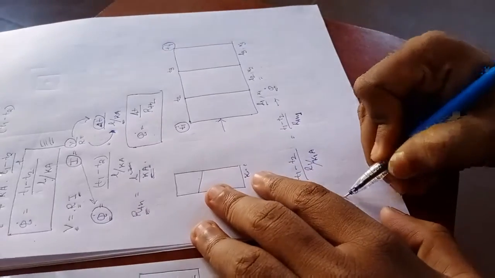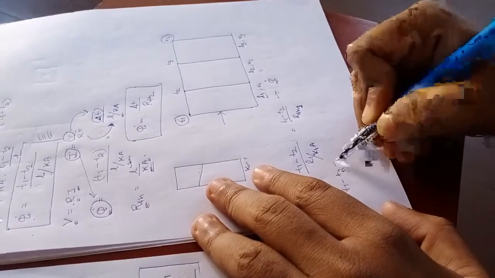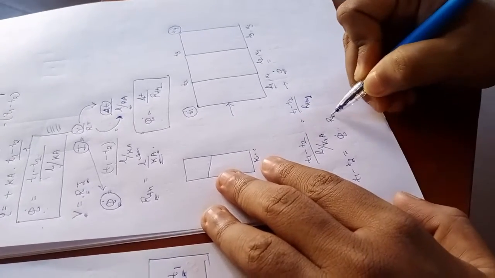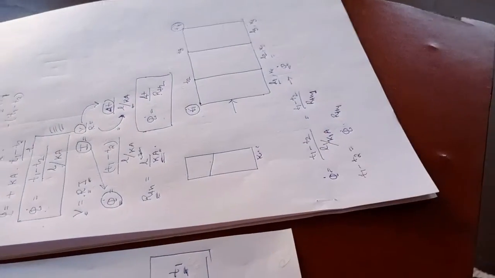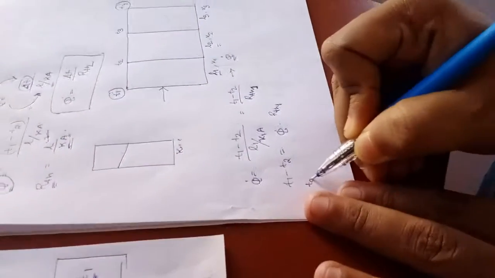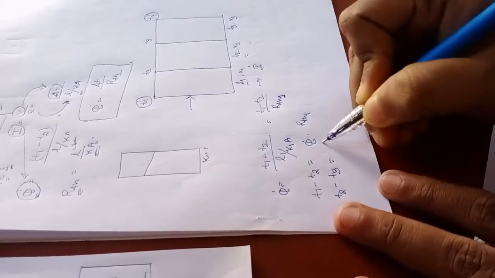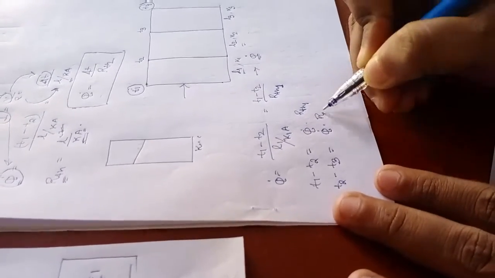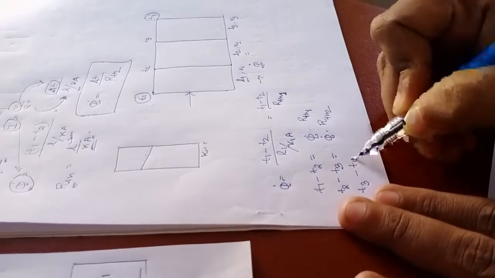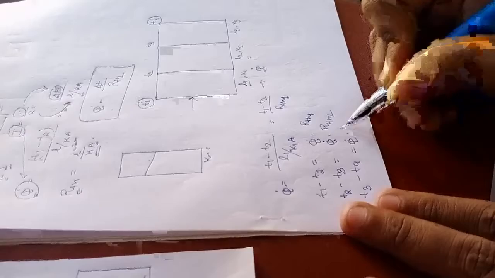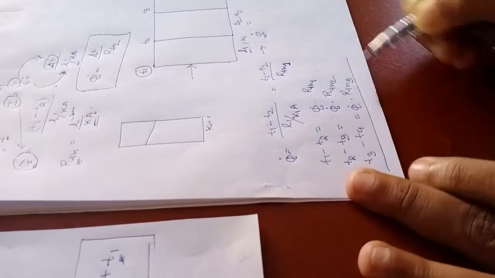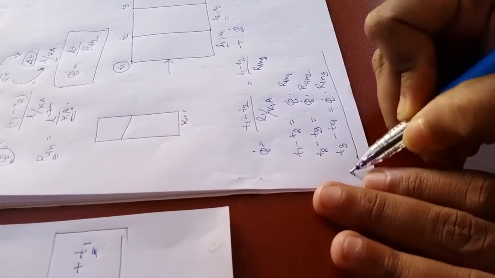So T1 minus T2 is equal to Q dot multiplied by RTH1. Similarly, T2 minus T3 is equal to Q dot into RTH2, and T3 minus T4 is Q dot into RTH3.